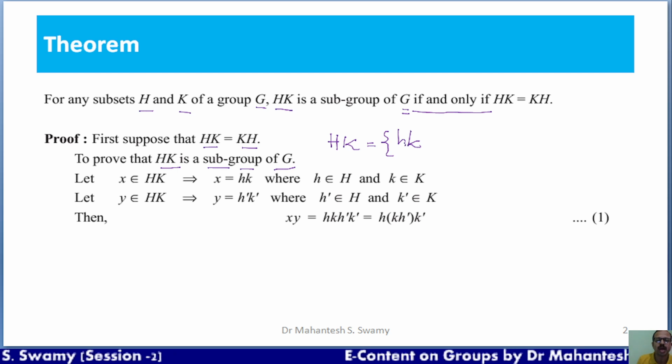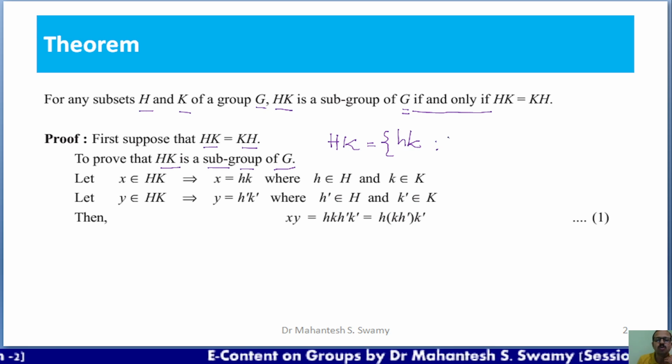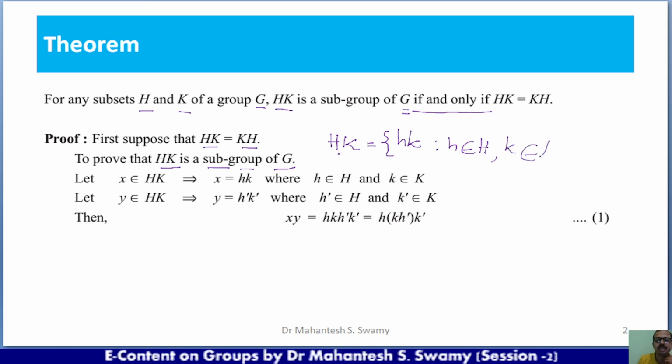For convenience, we ignore the star and simply write hk, as I told you in the previous lecture. So HK is a subset which contains elements like small h, small k, such that small h belongs to the first set, capital H, and small k belongs to the second set, capital K.